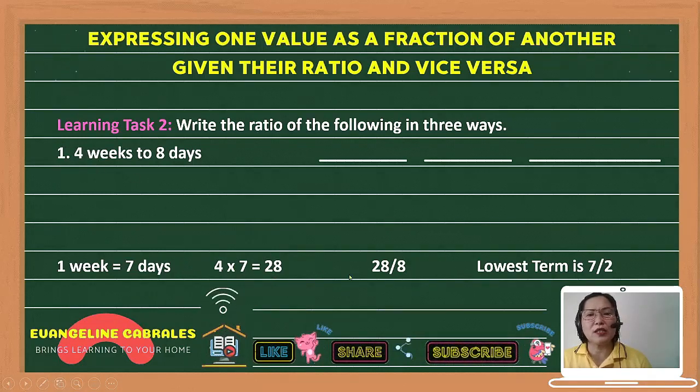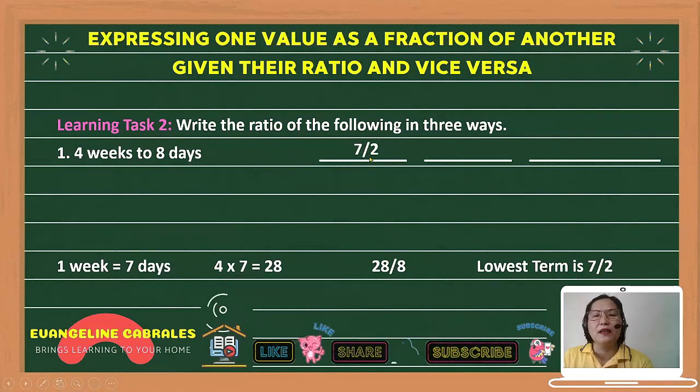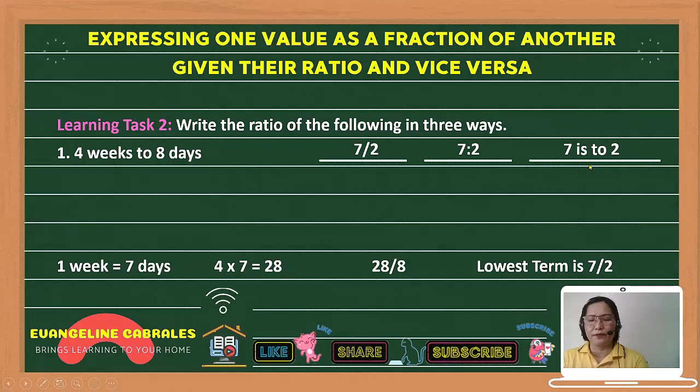So, 4 weeks is equivalent to 28 is to 8 days. So, anong lowest term ng 28 is to 8? That is 7 is to 2 because 28 divided by 4 is 7 and 8 divided by 4 is 2. So, isusulat na natin ngayon yung 7 is to 2 in 3 ways: fraction form, column form, and word form.